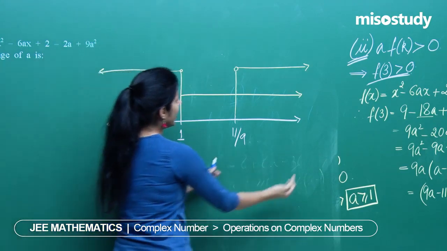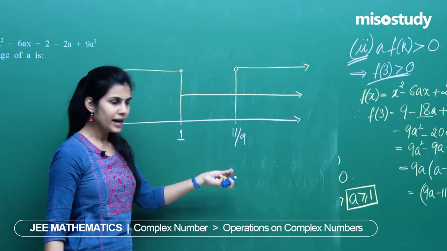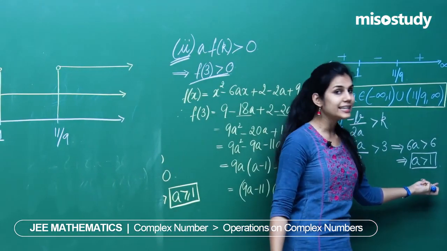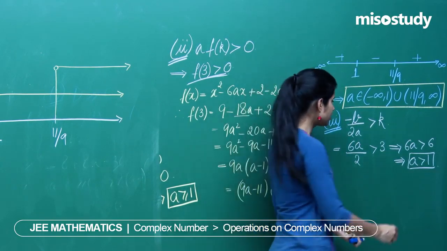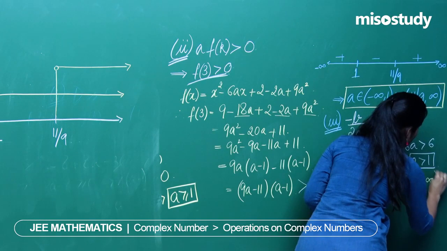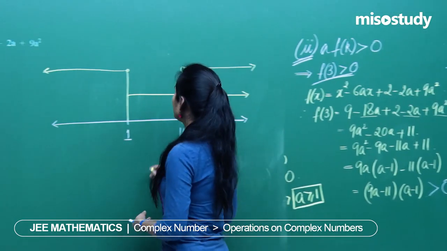So this range and this range is the range given by the next condition. Fine? The third range we have is a is strictly greater than 1. That means what? I can alternatively write it as a belongs to 1 comma infinity. It's strictly greater than 1.